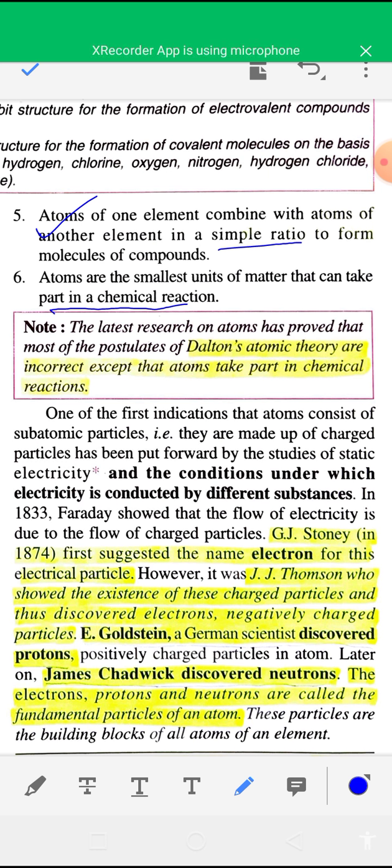Here a note is given: the latest research on atoms has proved that most of the postulates of Dalton theory are incorrect, except that atoms take part in chemical reactions. So only this postulate, that atoms can take part in chemical reaction, is correct.